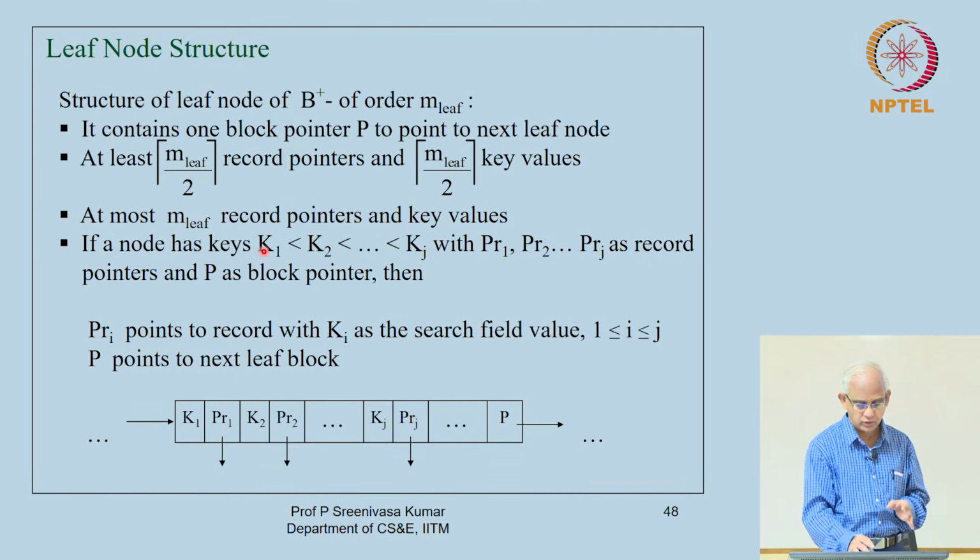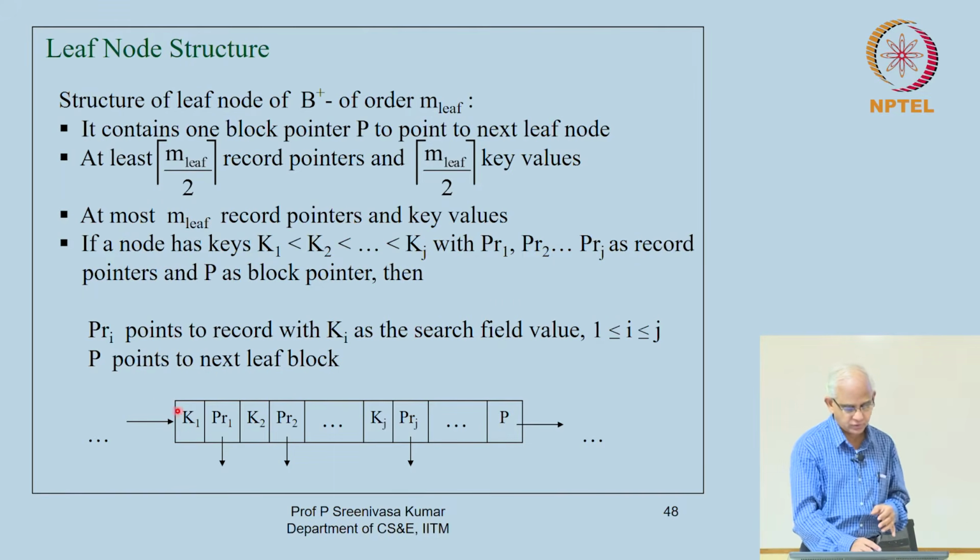And of course, the keys are ordered K1, K2, Kj, and then these are the record pointers. As I indicated, PRi points to the record with Ki as its search field value. So, the leaf node structure is clear.